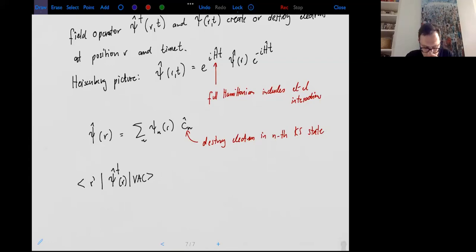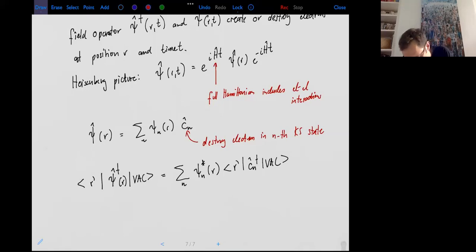This is something that we could try to calculate. So what is this? We can plug in what we know about the field operator and express it in terms of Kohn-Sham orbitals. Because of this dagger, we have to take the complex conjugate of the wave function. And we've got an r prime, Cn dagger vacuum, right?